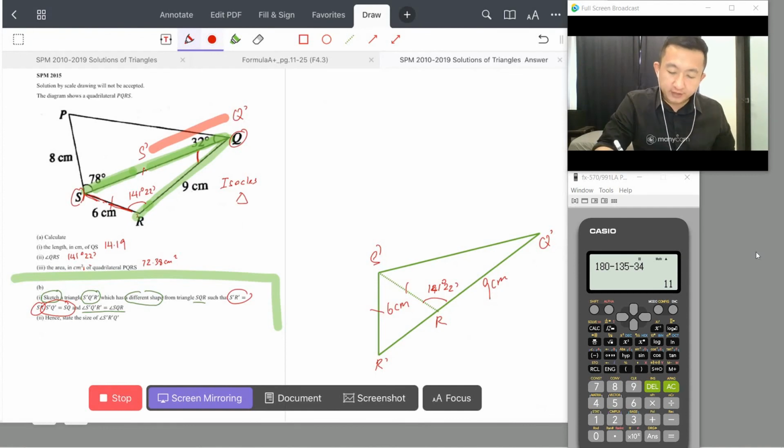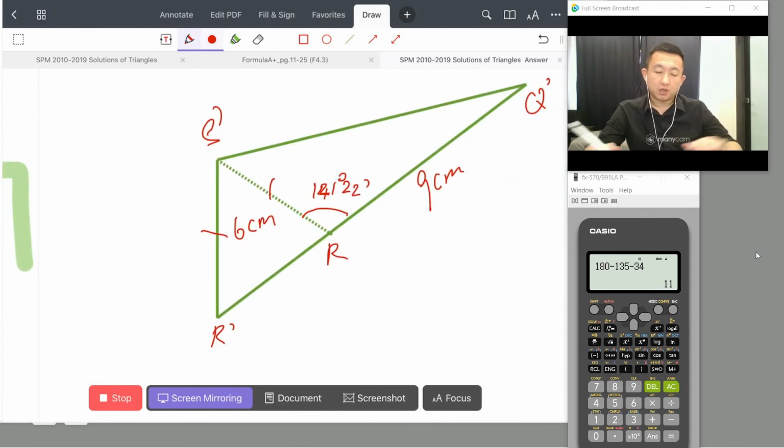And now we look into part B. Hence state the size of angle SRQ, S prime R prime Q prime. We are looking for the angle S prime R prime Q prime. Simple also. This angle will be the same as this one because this is an isosceles triangle and this is a straight line angle.